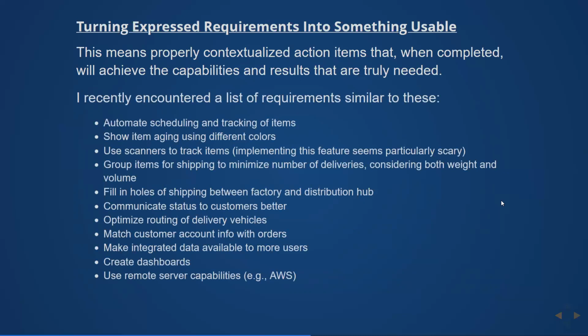So I recently encountered a list of requirements similar to those. I'll let you browse over those for a second, but then we'll talk about some of the characteristics that this list has. So what problems do you see? Because I see a few, and how can these be improved?